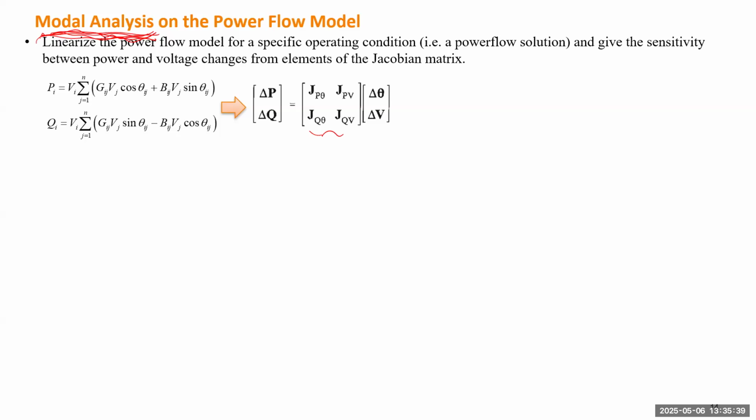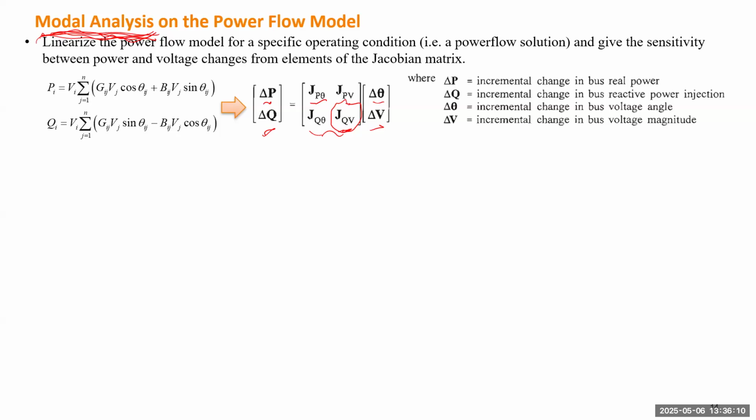So the Jacobian matrix has 4 components, 4 blocks. So for instance, block J_Pθ means how the P changes with theta, right? And block J_QV determines how the Q changes with V. So definitely we know that this is actually the most important part for the modal analysis on voltage stability.